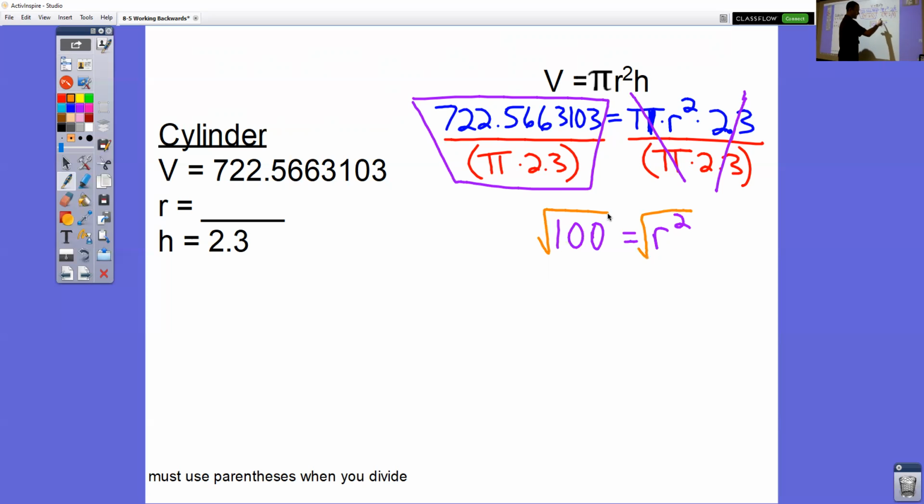So that r just gets all by itself. The square root of 100. So you're going to hit second x squared button, which is really your square root button, and then 100, and you get 10. So our answer is that the radius is 10, because the square root of 100 is 10. 10 times 10 is 100.